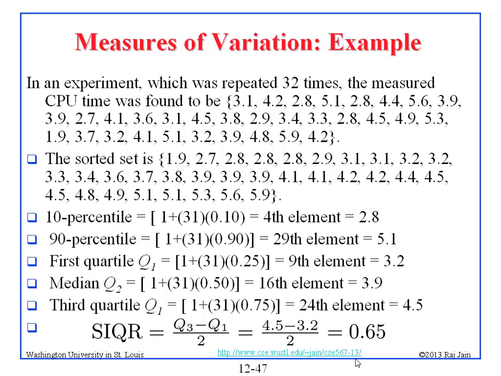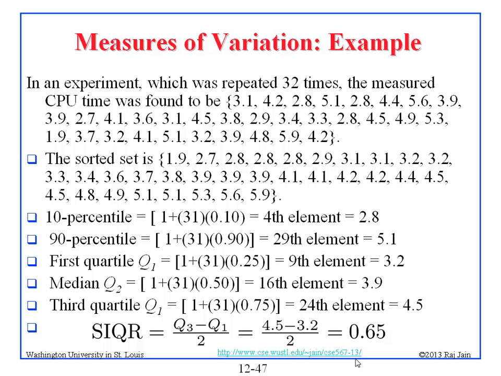Yeah, okay. So basically all of these measures of variation, higher is bad, lower is better. If I give you something that has a SIQR of 0.65, is it good or bad? I don't know.